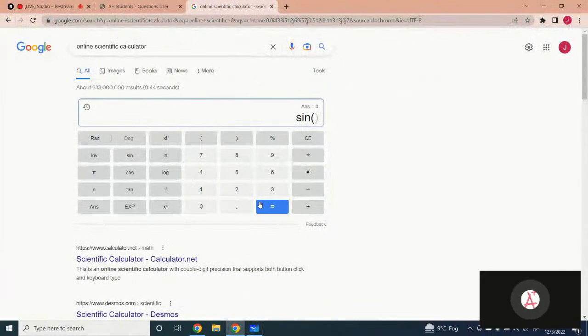Yes, sorry, cos 60, not sine. Here is the cos, and you have to find the value of cos 60.